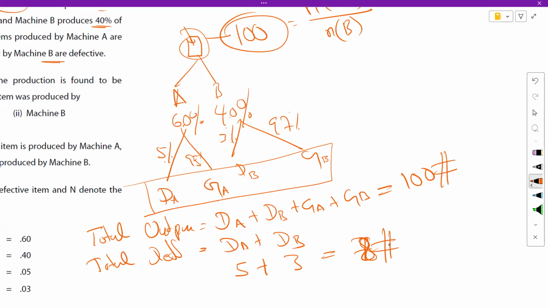Total items produced are 100, and total defective items are 8. Then what is the probability of getting a defective item?